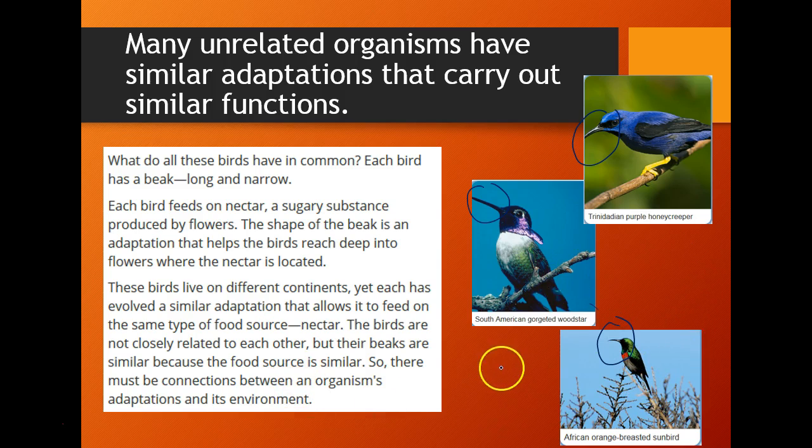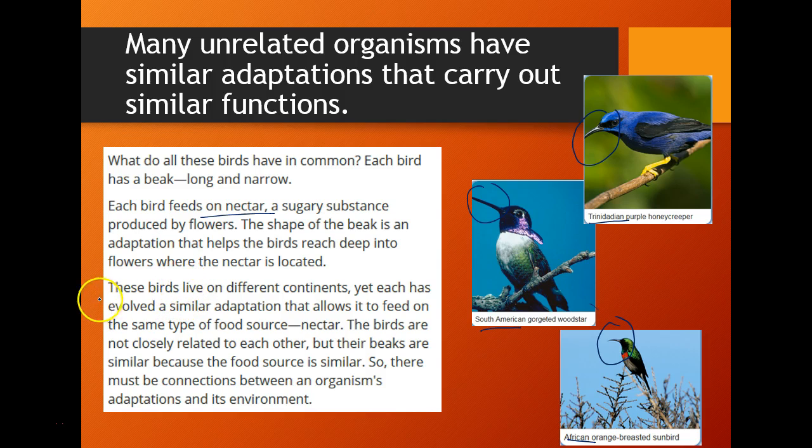Even though they live in different places, like this one from Trinidad, this one from South America, and this one from Africa, all of them have similar beaks. The reason is that they eat similar things. Each of these birds feeds on nectar, which is a sugary substance produced by flowers, and so it requires them to reach deep into the flower in order to get their food source.